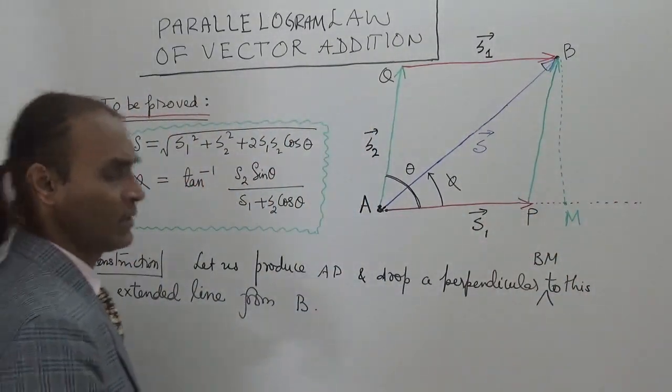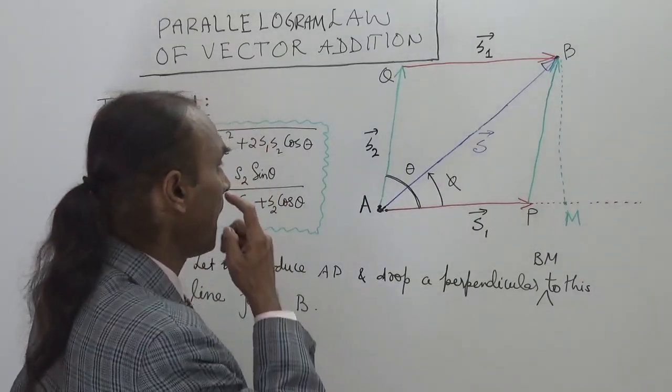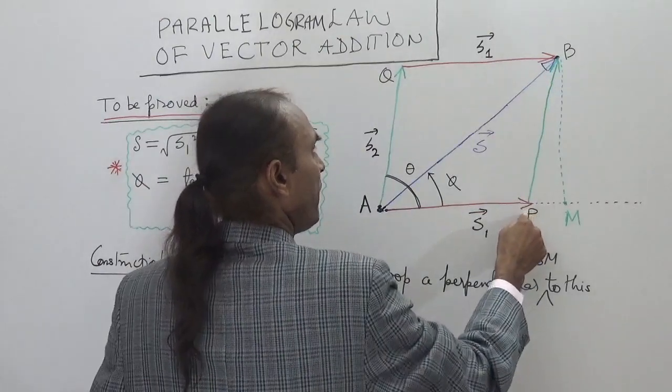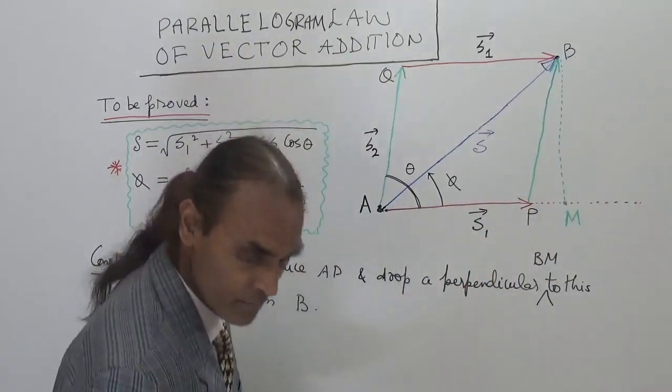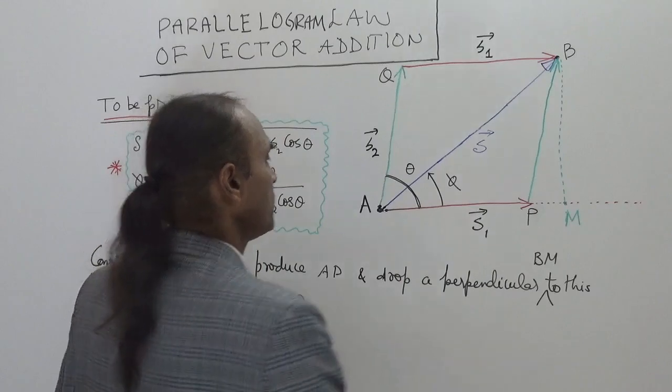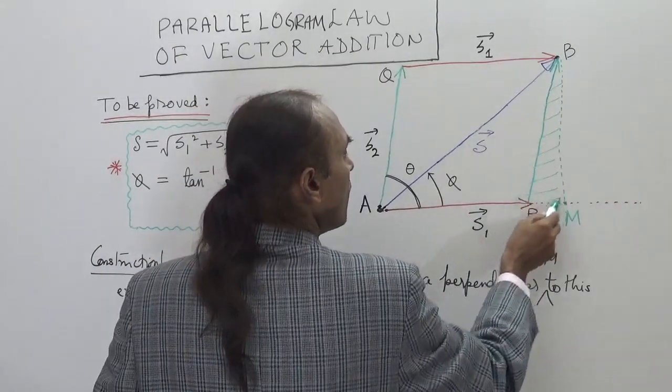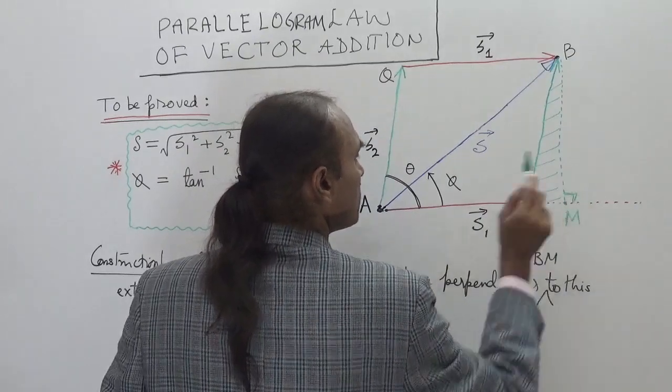So we are getting a triangle BPM. In this triangle, this is a right angle triangle.